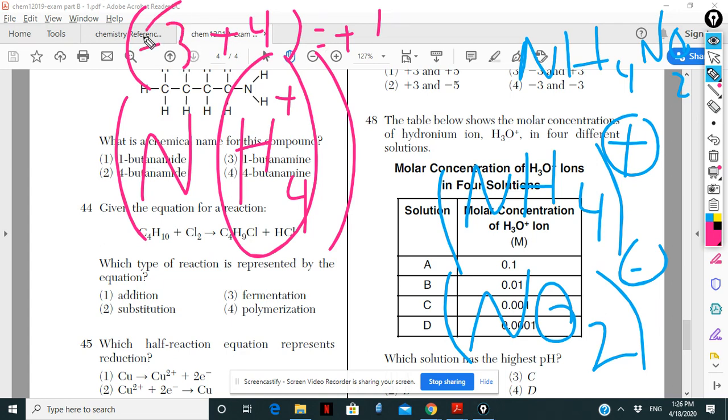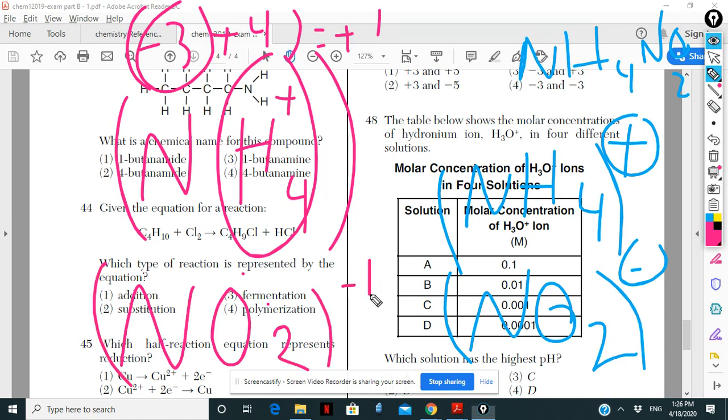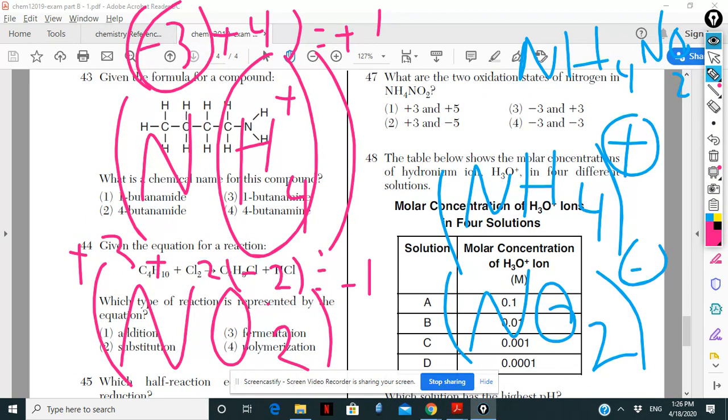It's negative 3. So that's the first situation: negative 3. Now I'm going for NO2 negative 1. Oxygen is negative 2 but multiplying by 2 means negative 4. What plus negative 4 gives me negative 1? It's going to be positive 3. So the oxidation states are positive 3 and negative 3. So the answer is number 3.